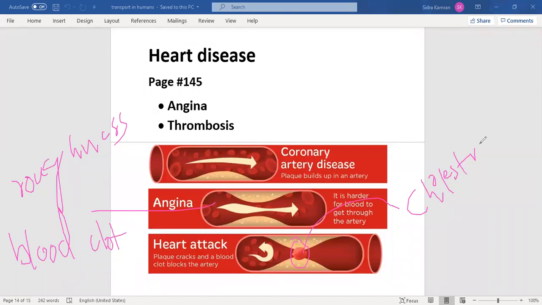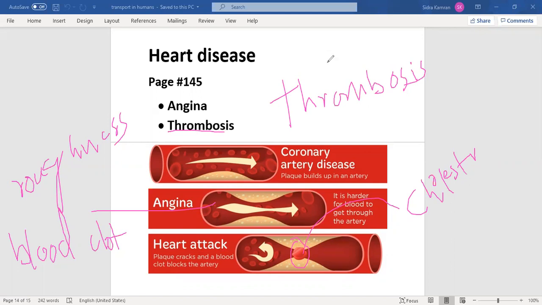Due to that, the person suffers a heart attack, and this blockage is basically called thrombosis. Here I have written thrombosis. This thrombosis is basically the heart attack.